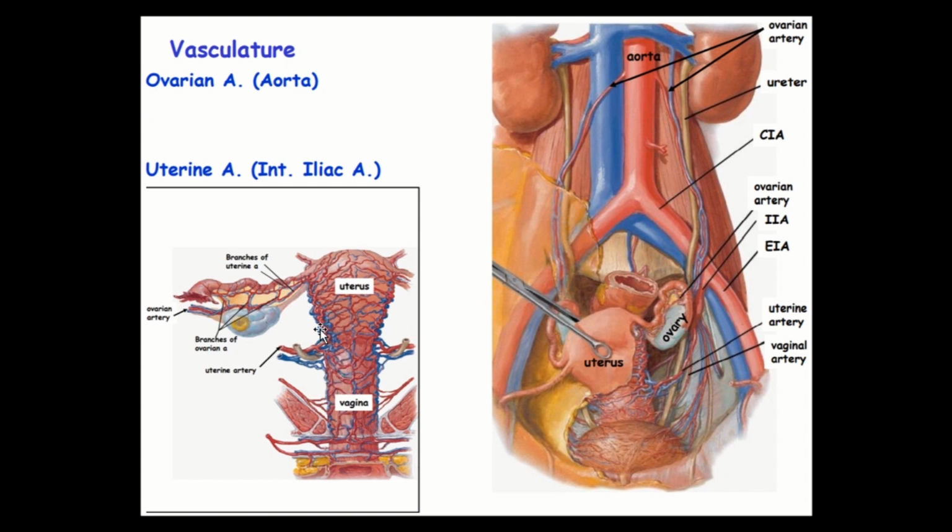This anastomosis is really important to know about, because the anastomosis between the uterine and the ovarian arteries has a huge clinical significance to it. An ectopic pregnancy may occur due to implantation in the mucosa of the uterine tube instead of that of the uterus.